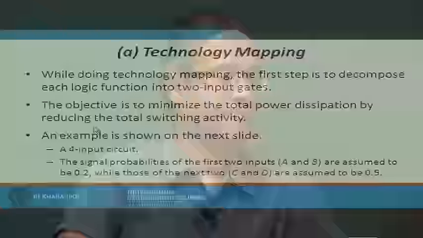So, when I synthesize, my basic building blocks must be taken from that library only. This is called technology mapping. I generate a netlist of cells where the cells are picked up from the technology library. This process is called technology mapping. Okay. Fine.